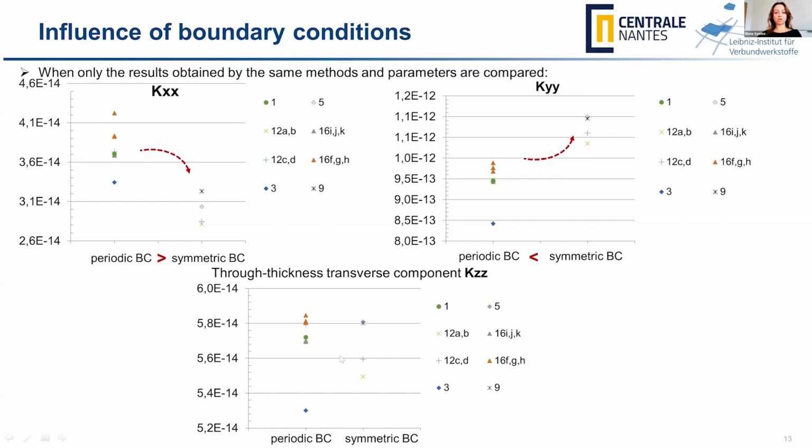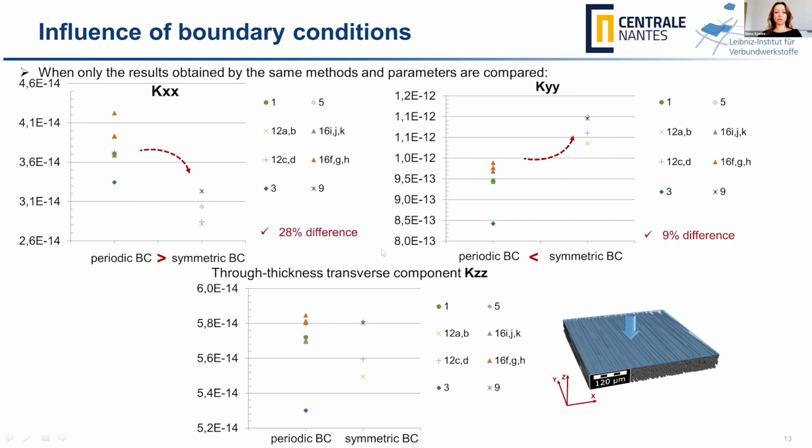This is the case because there is no trend like for Kx and Ky. And when we look at the difference, you can see that it is much smaller here, whether we apply this or that kind of boundary condition. Of course, this is not the trend for all structures in terms of how periodicity and symmetry correlate. This is particularly for this kind of structure here. But it was interesting to see the effect of the dimensions of the domain.